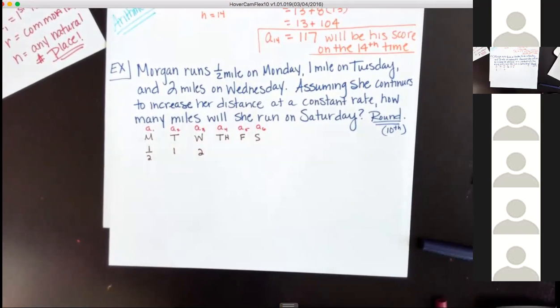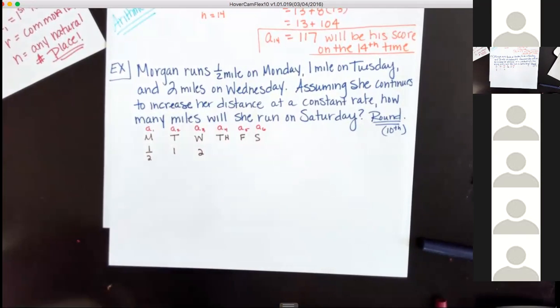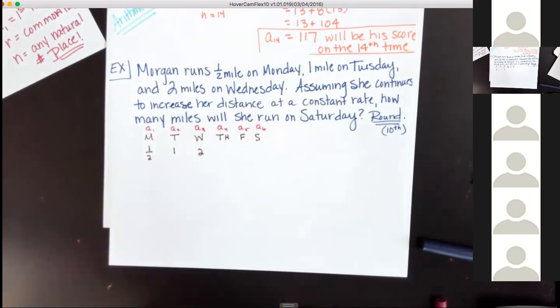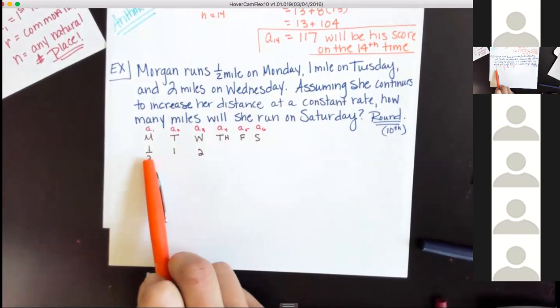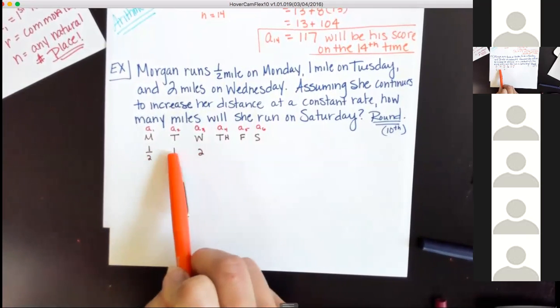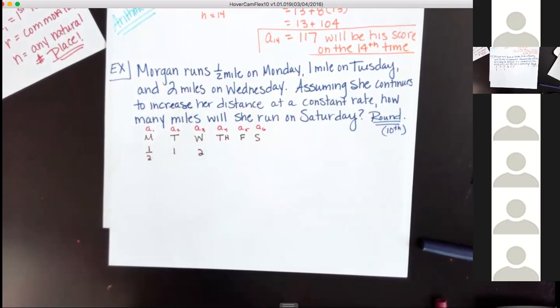I want to know if this is a common difference or a common ratio. So when I see that 1 minus a half is a half, 2 minus 1 is 1, I can see that arithmetic is not the pattern. So that's something to consider, that you can test it for arithmetic, and if it doesn't work, test it for geometric and see if it works.